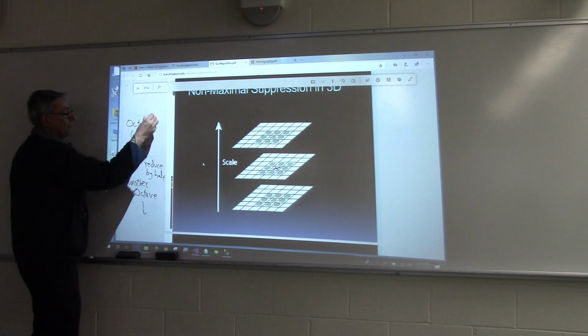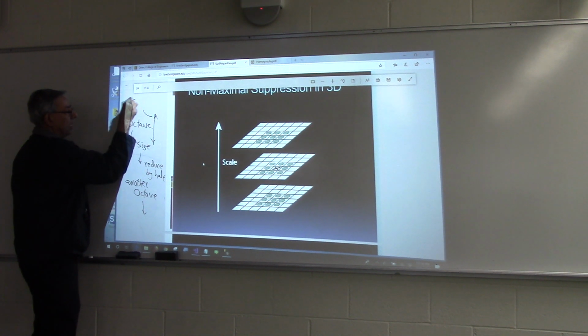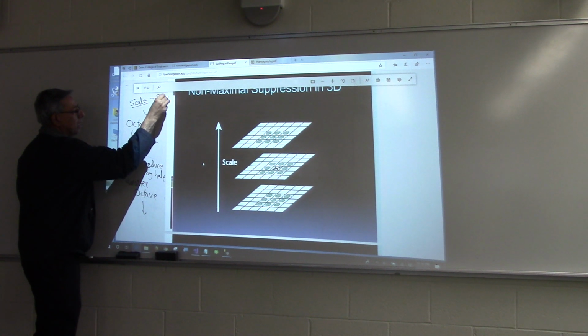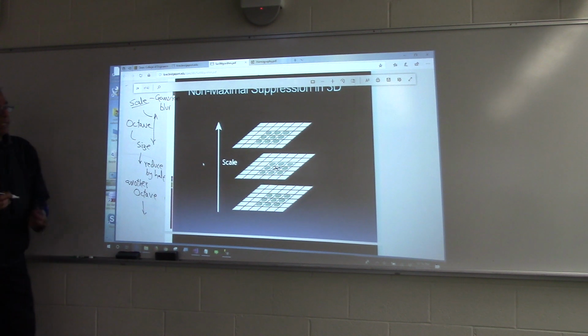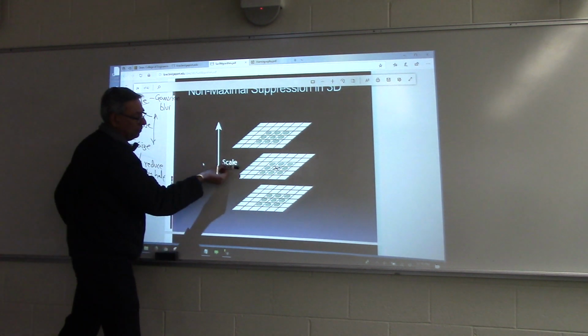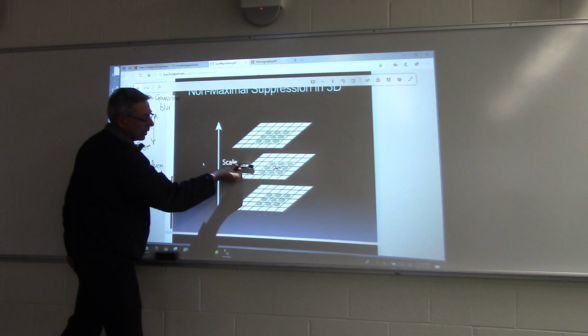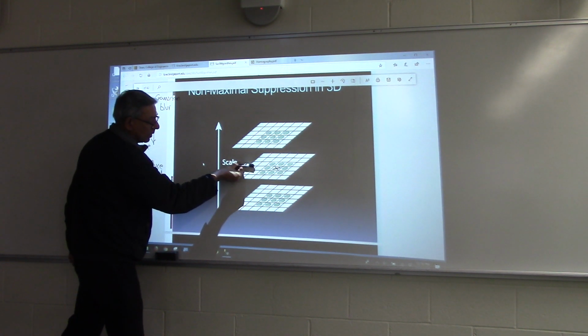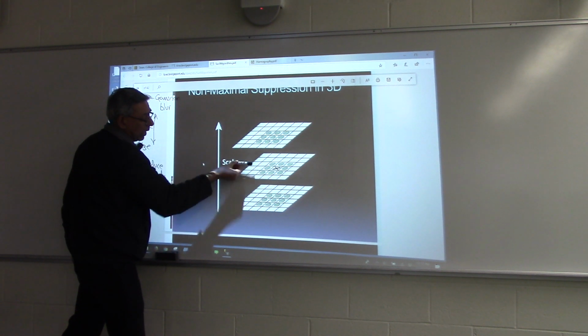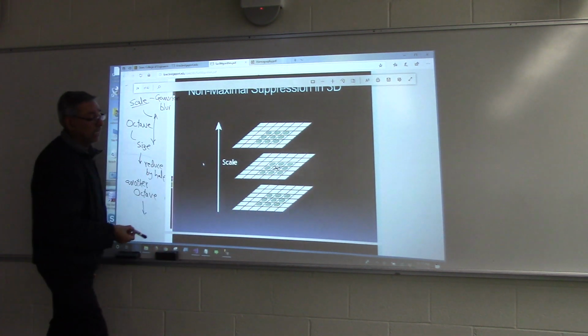Within each octave, we have scale. And scale basically means, like I said earlier, Gaussian blur. So pick a different value of sigma. Okay. So let's pretend this is the original image, right? We applied a high sigma, we got this image. We applied a low sigma, we got another image.